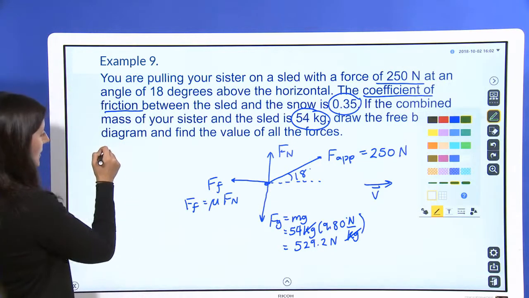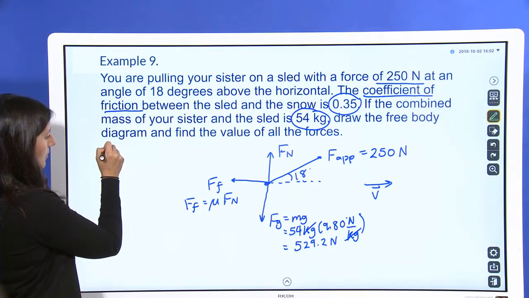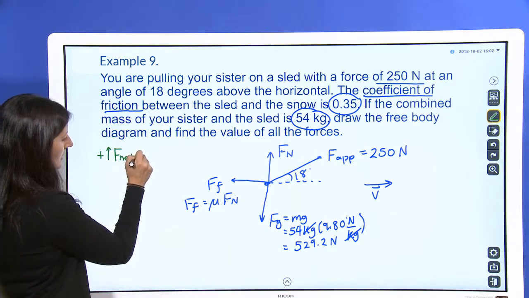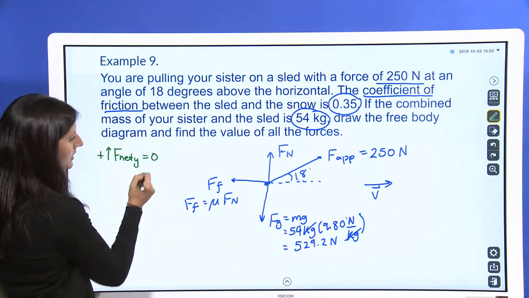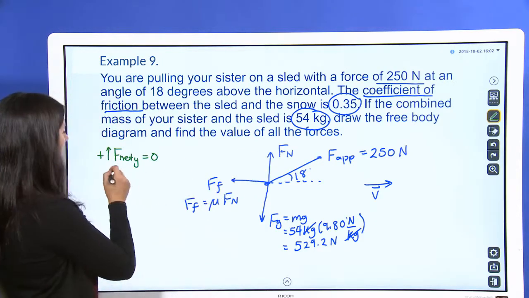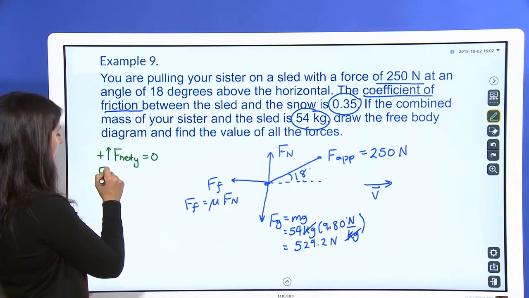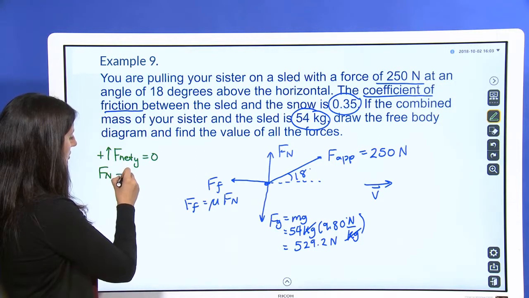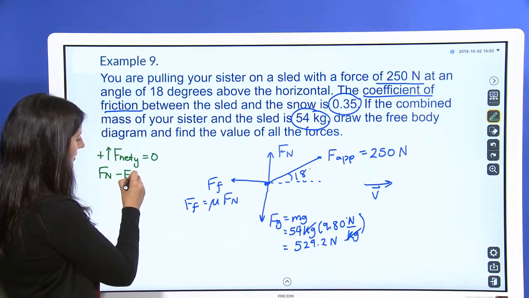I'll say the positive direction is defined as upwards. The net force in the y direction is equal to 0. So let's list off all my forces in the y direction. I have the normal force, which is Fn. It's going upwards, so it's positive. I have my force of gravity, which is pointing downwards, so it's negative.